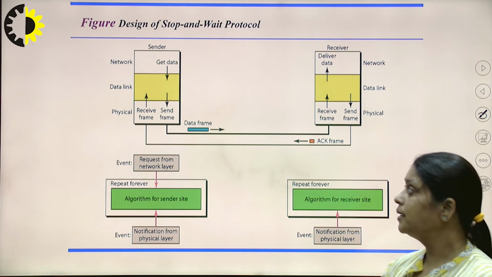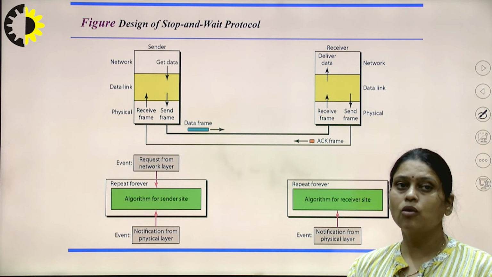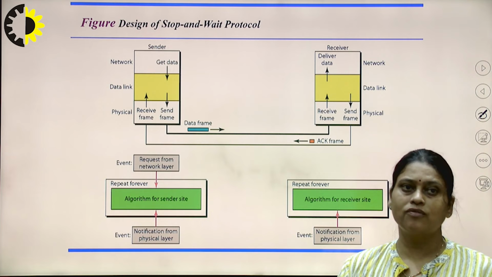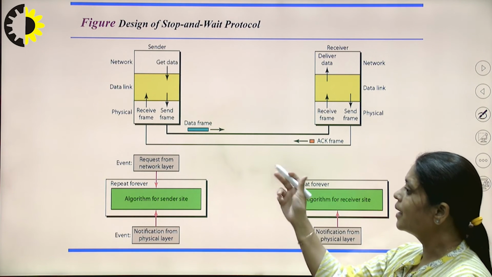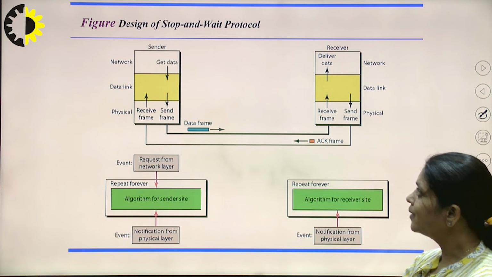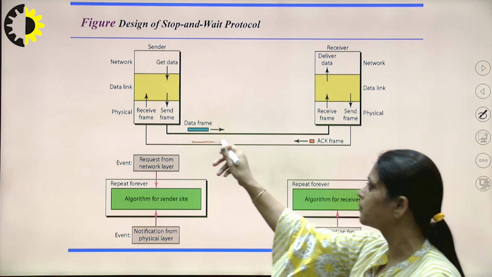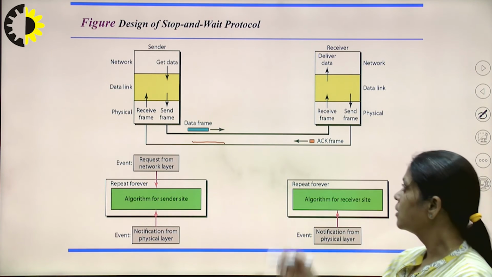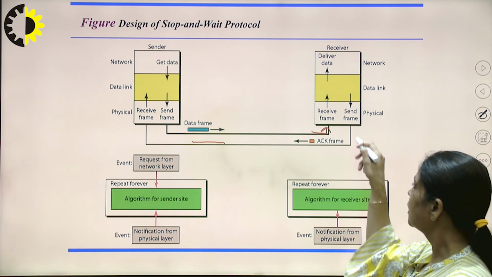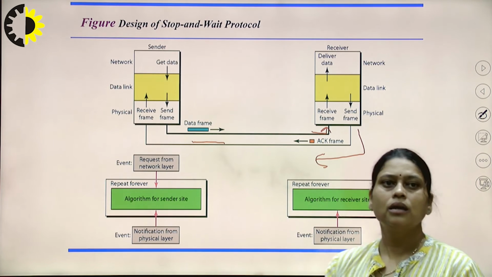Now, in the simplex method there is a drawback, because our data can be lost due to an overflow condition or due to failure of the packet. So we apply another mechanism, the stop and wait protocol. In this method, the sender sends only one frame at a time to the destination. Once the receiver receives that frame, it sends the acknowledgement back to the source.